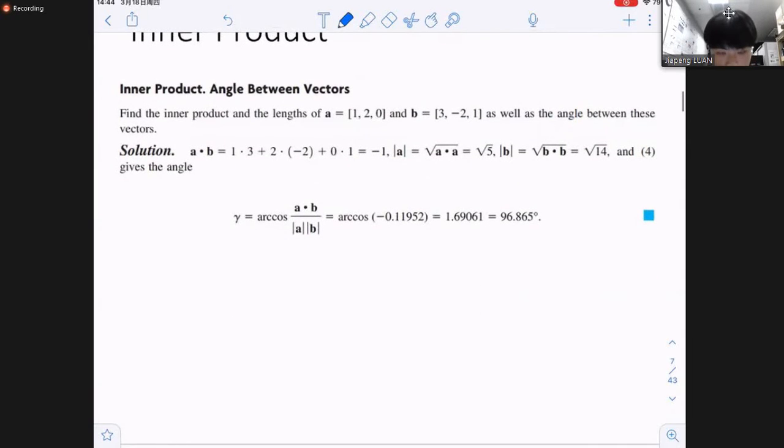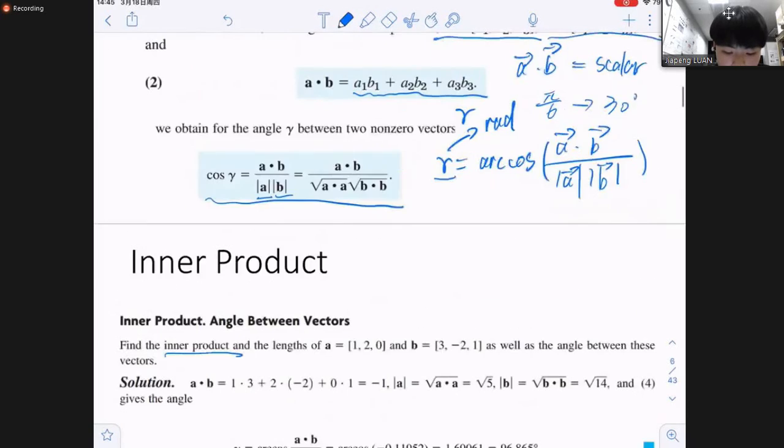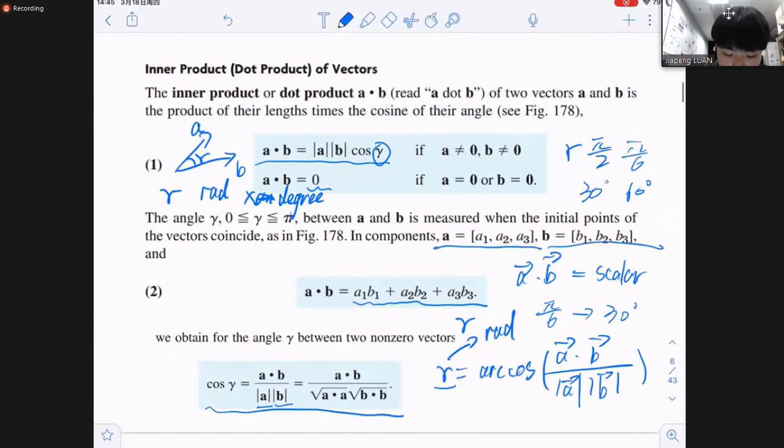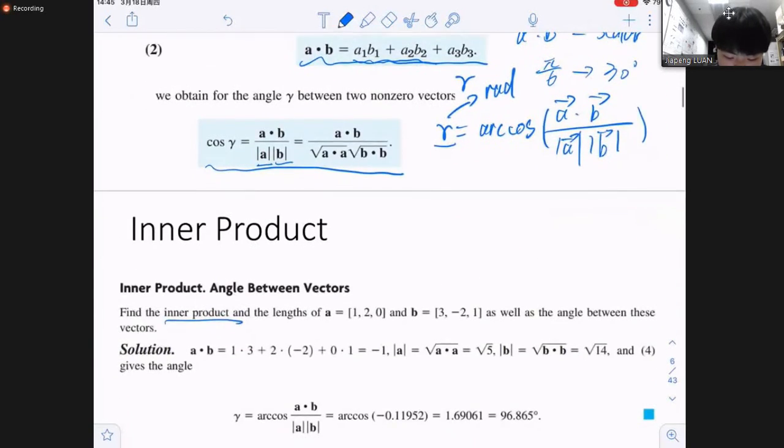And now this is a simple problem. Find the inner product and the length of A and B, as well as the angle between these two vectors. So first thing is to find the inner product. How to calculate inner product? So here you have the equation. You just use this equation.